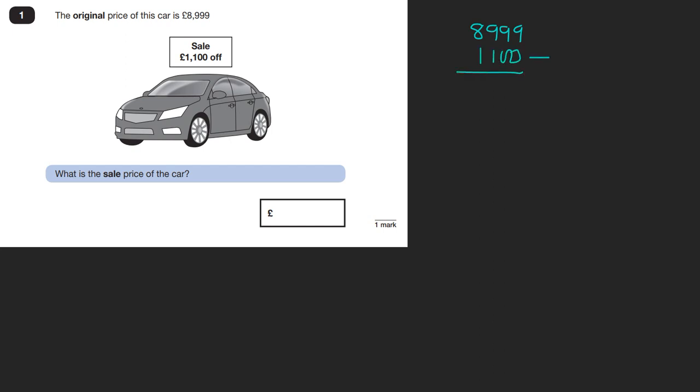So the answer is 7,899, which is the correct answer. If you like, you can put a comma next to the 7, which is the 3 number separation, 7,899. That is the answer for question number 1.